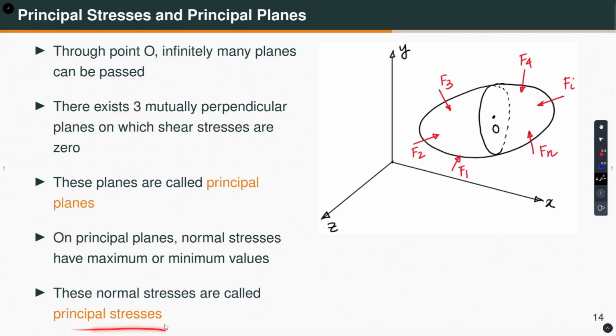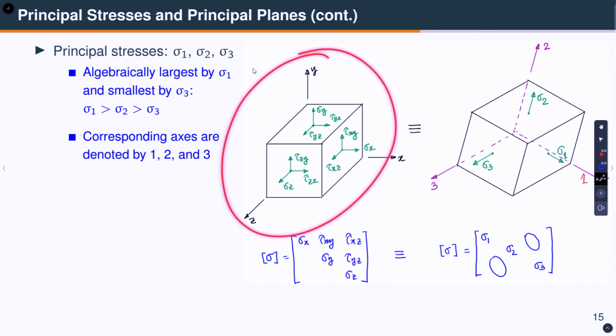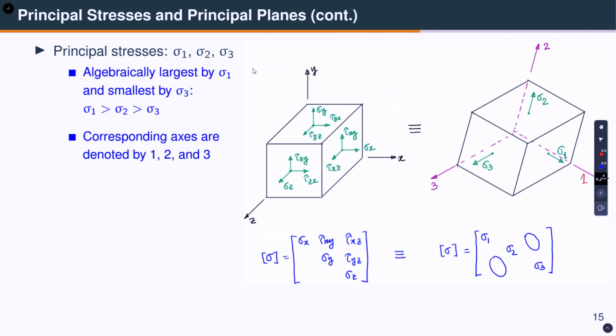And these normal stresses are called principal stresses. If I show you pictorially, let us say this describes the state of stress at a point in a body, described by the 6 components, because 9 components are not necessary as we explained. Now, the same state of stress can be represented by these axes 1, 2 and 3, and the 3 components sigma 1, sigma 2 and sigma 3. These are the 3 principal stresses.